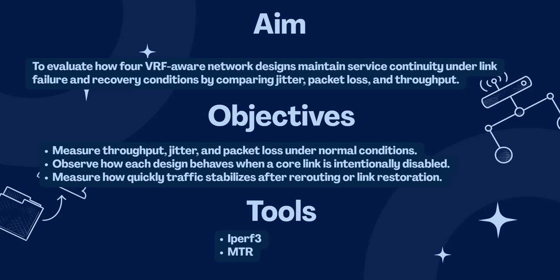We simulate link failures during the measurement, and we also measure how quickly traffic stabilizes after the routing or link restoration. The tools that we are using are iPerf3 and MTR.